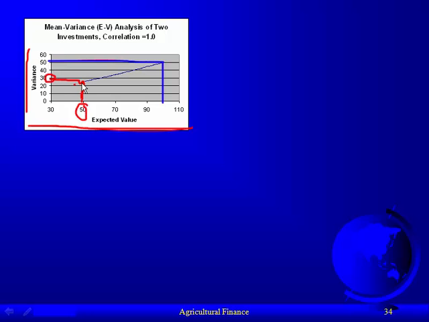Any of the points in between represents a combination of Microsoft and the Treasury. In other words, by adding Microsoft to your Treasury portfolio and removing some of your Treasury, it's going to increase your profit, but it also increases your variance because, in this case, it is perfectly correlated. So there's no risk reduction, you're just risk averaging.